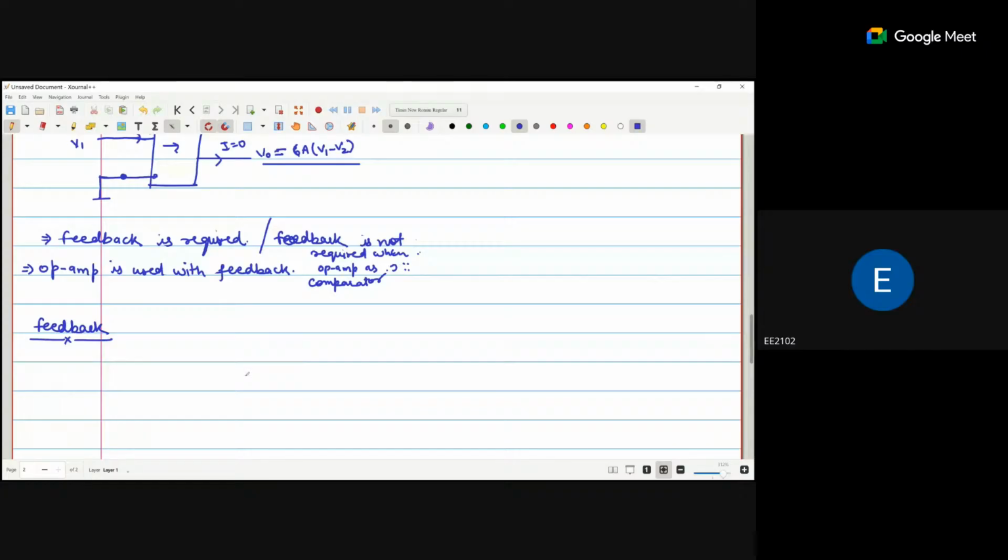If I draw this in block form, I am a teacher. I will deliver something, and that is the output.